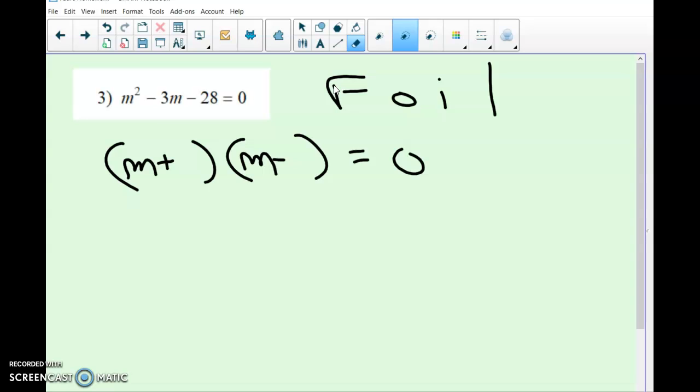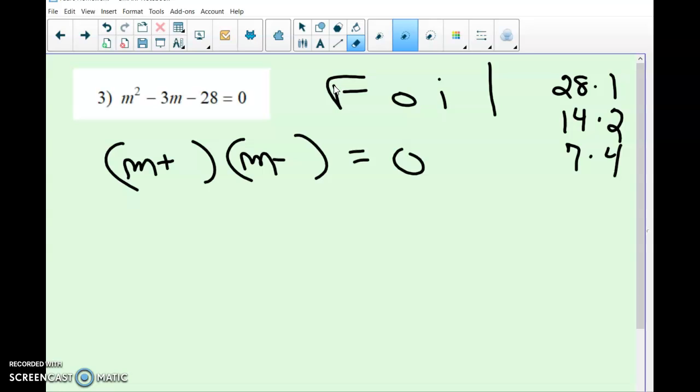But if I look at 28, 28's got a few factors, doesn't it? I could certainly use 28 times 1. We know that. I could use 14 times 2. I could use 7 times 4. But what I'm looking for is the fact that that constant term's negative. So I'm not looking for the sum.